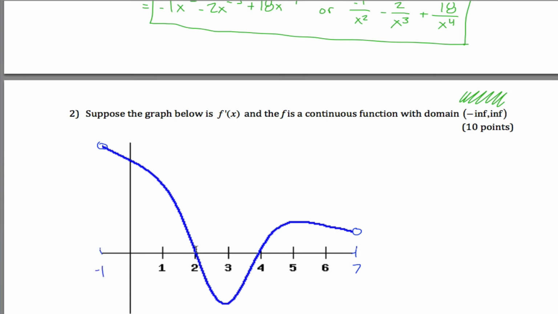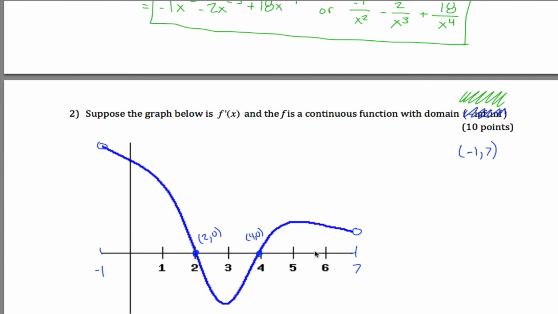This x value is negative 1. And I'm going to label these points. At this point right here is 2, 0. And this point right here is 4, 0. And the domain of the function that we're trying to draw goes from negative 1 to 7, not including those 2 points. I think that'll make it easier to answer these questions.